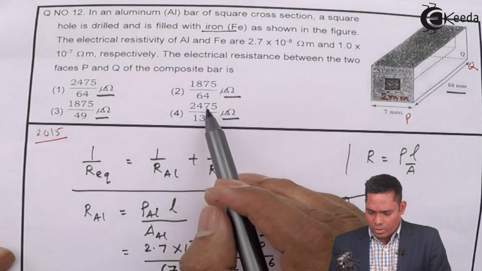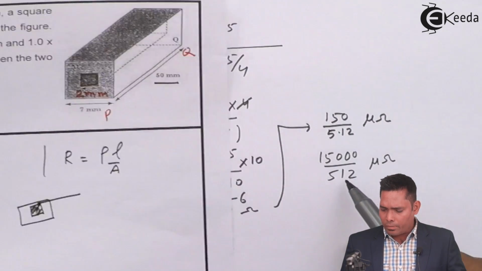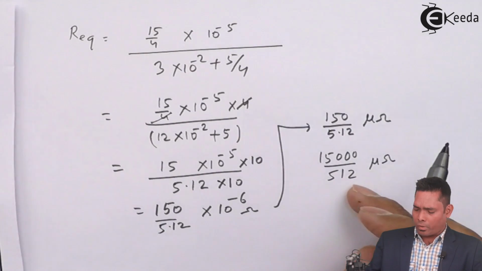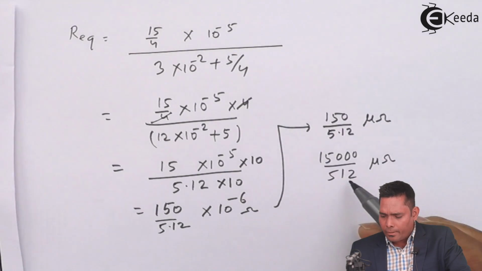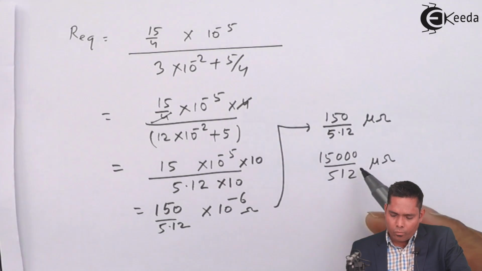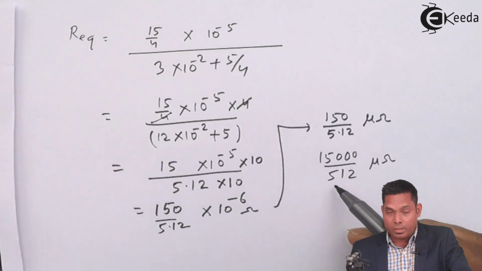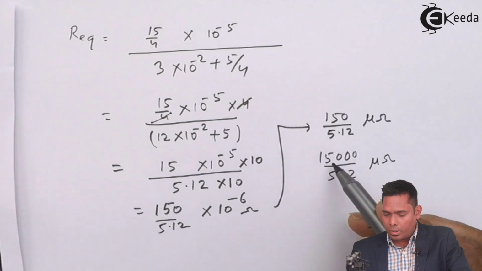If I check, this is 512, divisible by 2, or I can divide by 5. If I divide by 5, it is not divisible by 5. So we divide by 4.